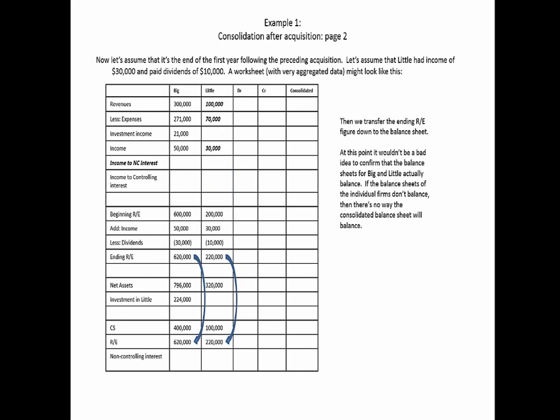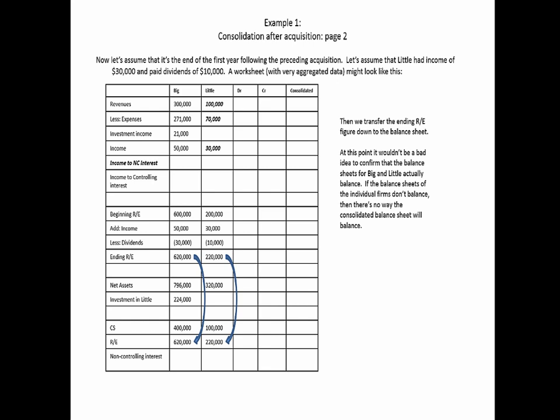So at this point, we should have a completed balance sheet for both Big and Little individually. And at this point, it wouldn't be a bad idea to confirm that the balance sheet for each individual company balances. In reality, they would have to. They should balance.